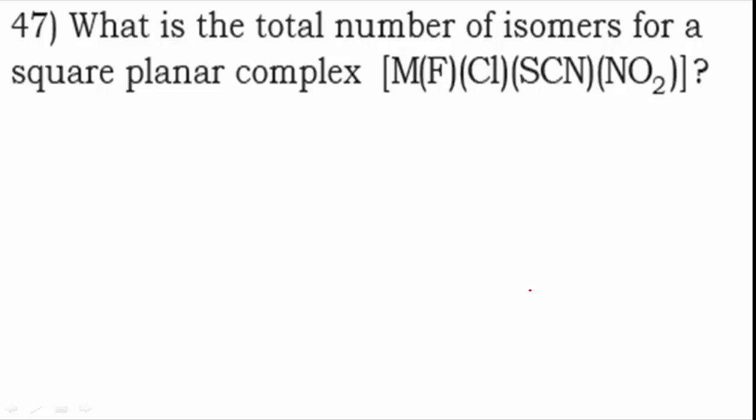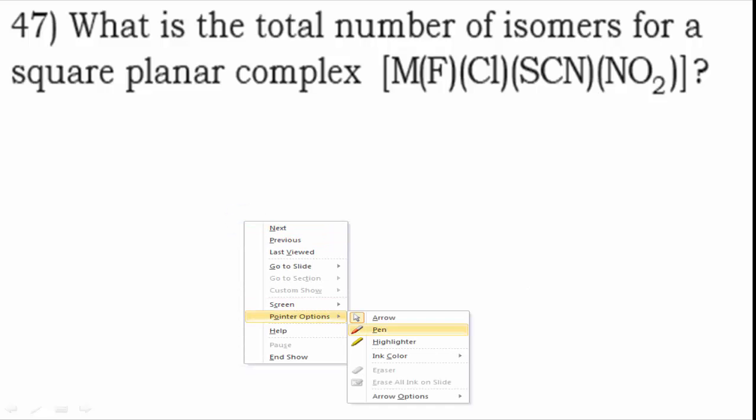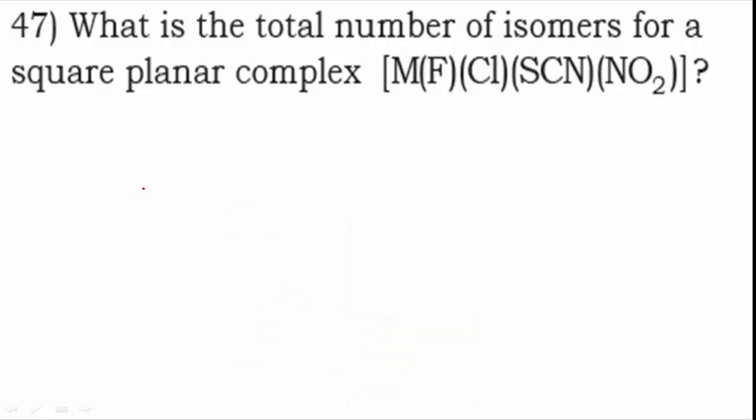Students, a square planar complex of general formula MABCD gives 3 geometrical isomers only.